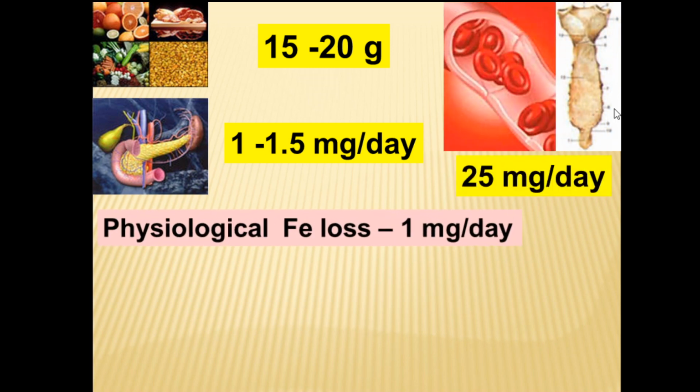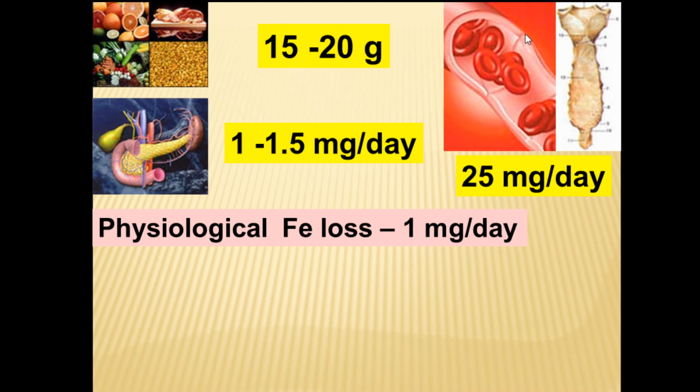But for hematopoiesis, we use 25 milligrams of iron per day, but not only iron which enters our organism. You saw from the preceding slide, iron is completely used during metabolism in our organism, and only some amount of iron is enough to control its level in our organism.